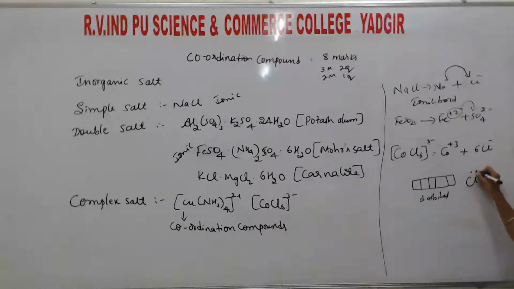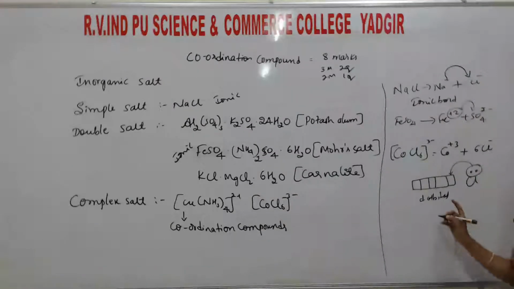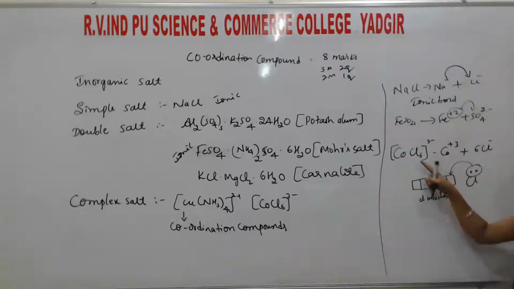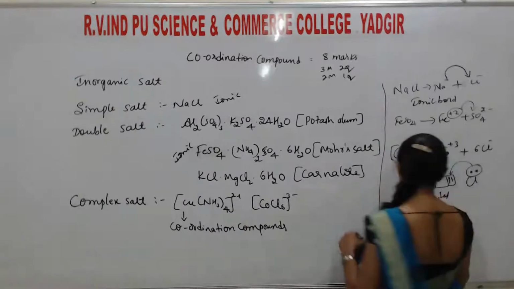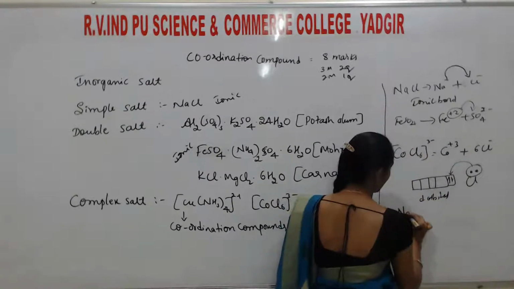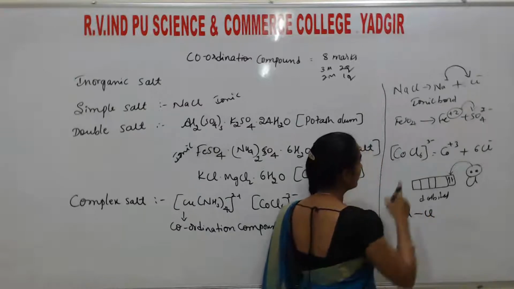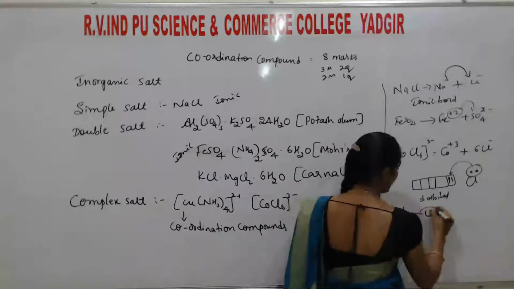The lone pair electrons from the Cl, both electrons from only one atom, completely transfer to the empty d orbital, and they are shared between cobalt and Cl. If you want to write the bond, for NaCl you will write an ionic bond, and for FeSO4 also an ionic bond.